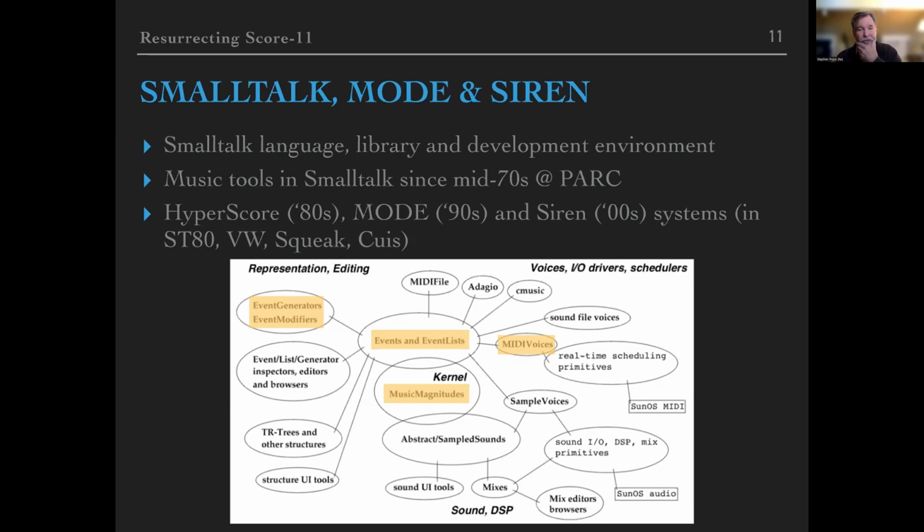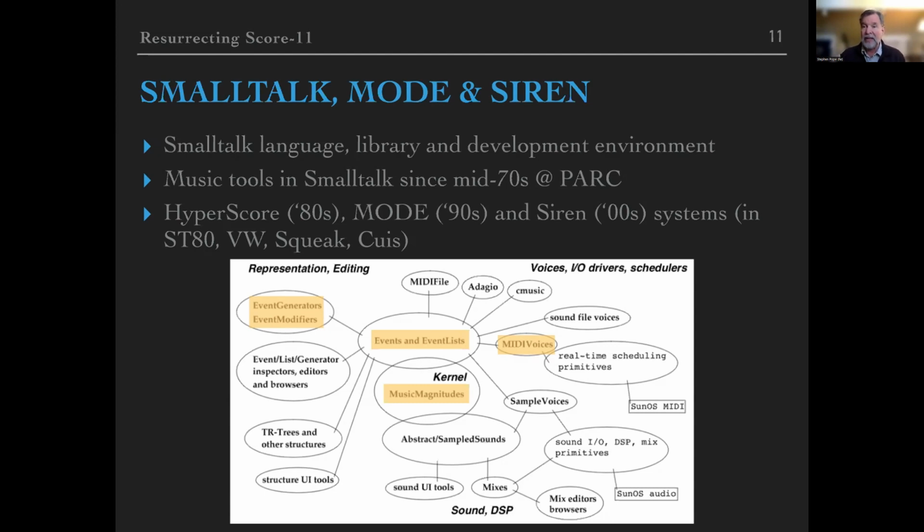But the figure shows you something from the early 90s of the kind of organization. And you see in the middle, there's this kernel that has music magnitudes and event lists. And then these things called voices, which are ways of taking these abstract music structures and performing them on some sort of specific medium, like a MIDI synthesizer or sending them out to a printing program.